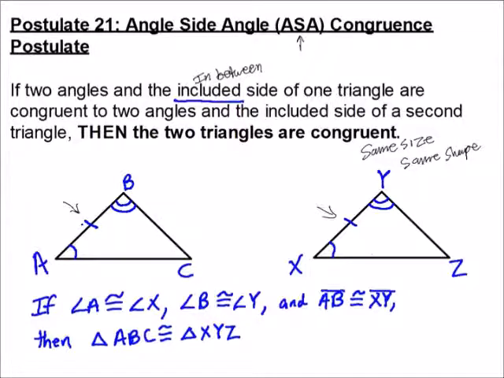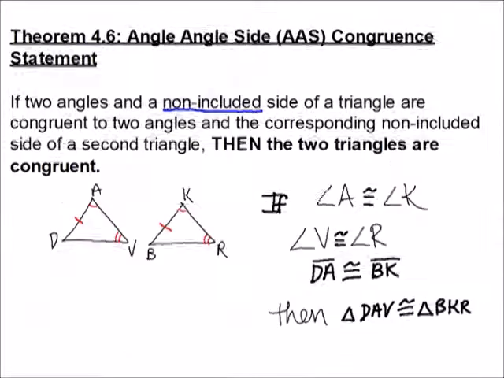It wouldn't make sense to say XY and AC because AC is not between these 2 angles, XZ is not between these 2 angles, so that just wouldn't work out. Next card.